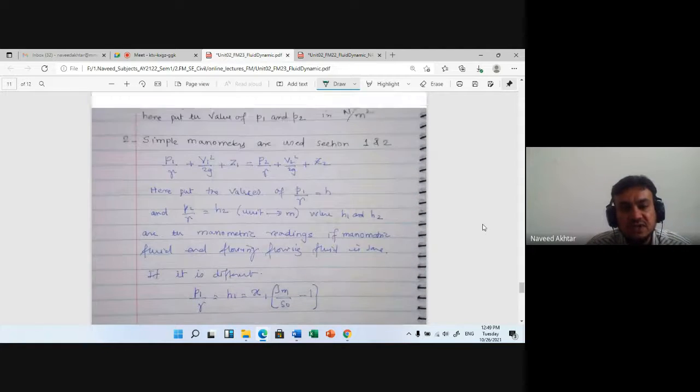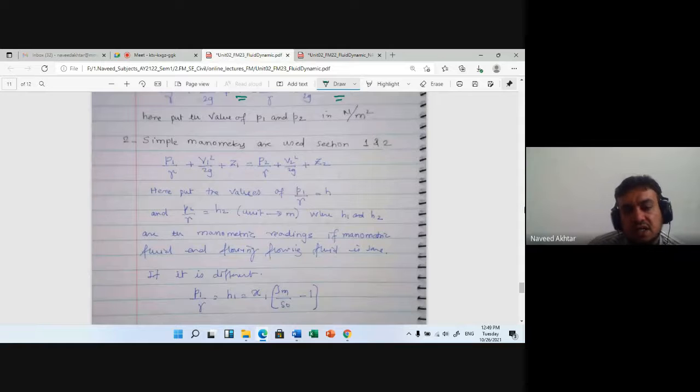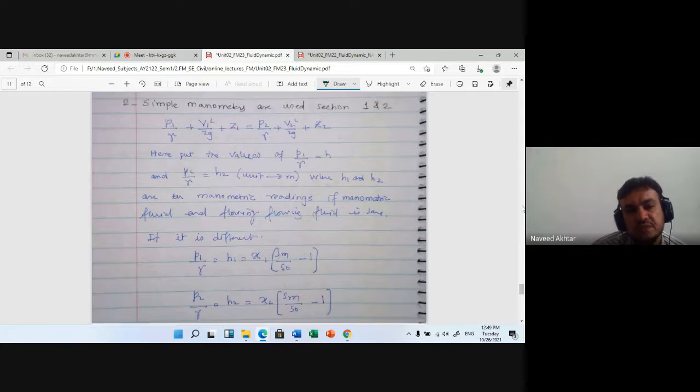If you are going for simple manometers used at sections 1 and 2, then P1 upon gamma plus V1 square upon 2g plus Z1 equals P2 upon gamma plus V2 square upon 2g plus Z2, the same Bernoulli's theorem. And P2 upon gamma is H2, P1 upon gamma is H1. Their unit is in meter.